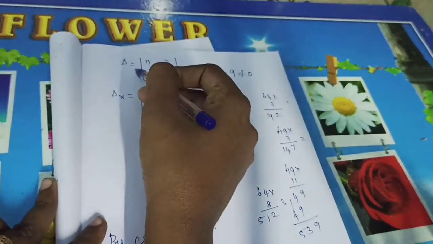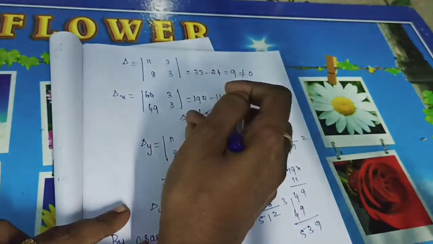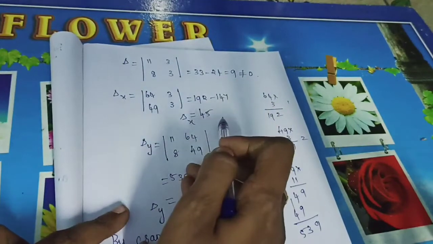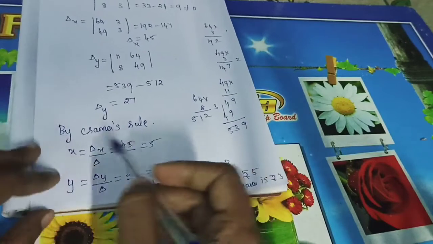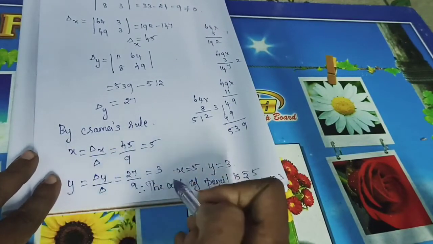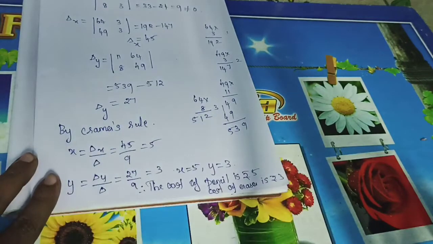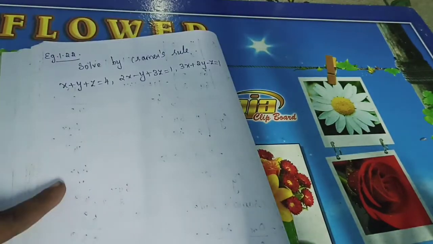I will repeat the same thing, so because of that I skipped it here. That is the delta value I have found out, the delta X value, and the delta Y value. Then by applying Cramer's rule, X is equal to delta X by delta. You will get the X value and Y value, the cost of the pencil and the cost of the eraser. Got it? Let's move to the next question.